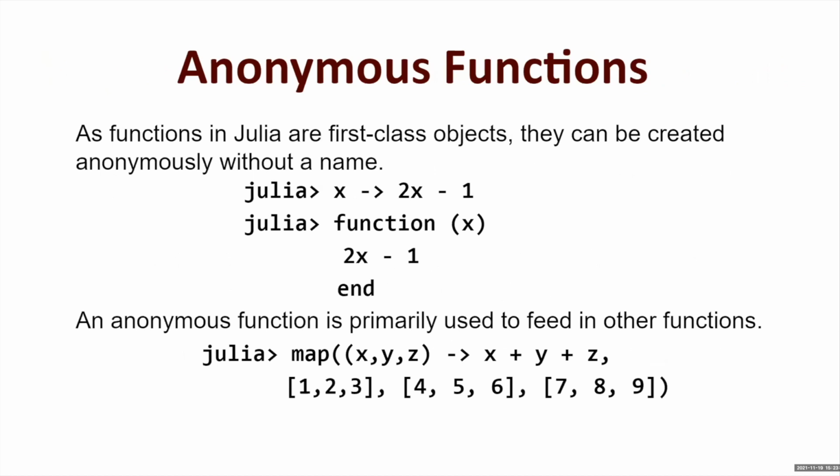But in some cases, you don't need a name, or you don't want to give a name, or it's just too much burden to write an actual function name. So how do we deal with those cases? Julia, like Python, has anonymous functions. Anonymous means nameless; it doesn't have a name.